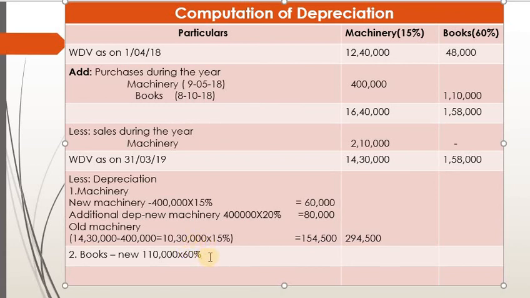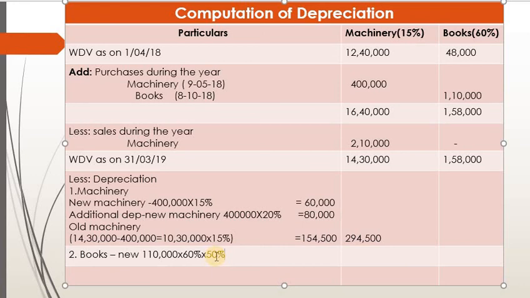But if this asset is used for less than 180 days, then we have to provide only 50%, half of the total rate of depreciation. Here, since the asset is purchased on 8th October 2018 and if we calculate, it is less than 180 days. So it is only 50% of this depreciation that we have to take.